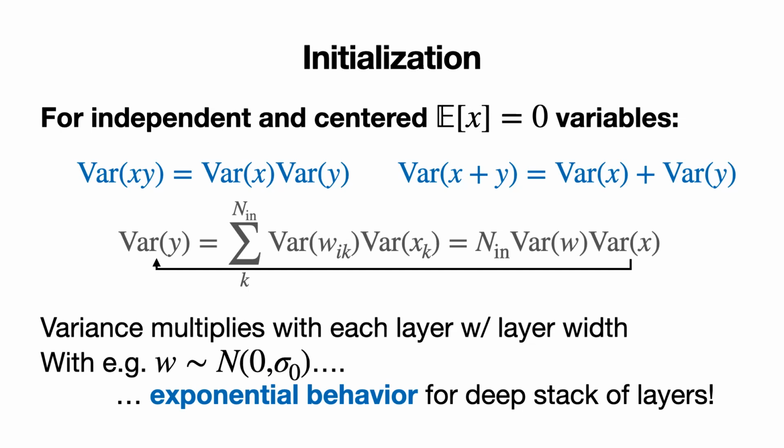When we use these building blocks, we can very easily figure out what the variance is once we go through one single matrix multiplication. Matrix multiplication is only summing and multiplying. Because it's summing, we can pull the variance into the sum, and then we have the variance of a product, which we can also split into a product of variances.